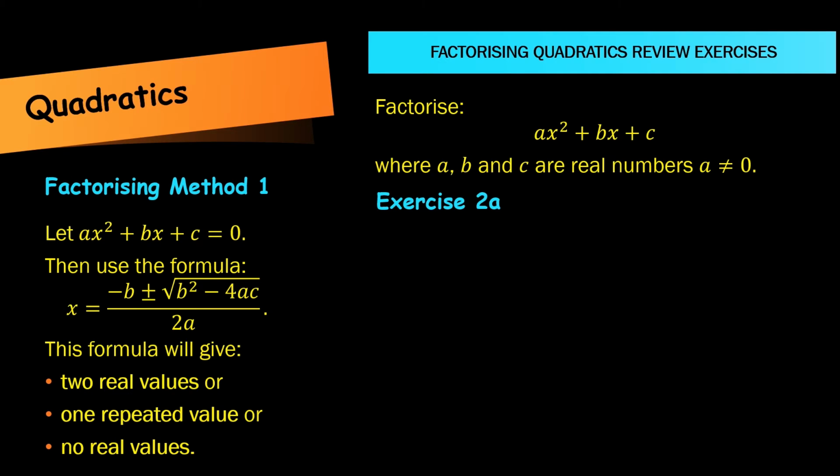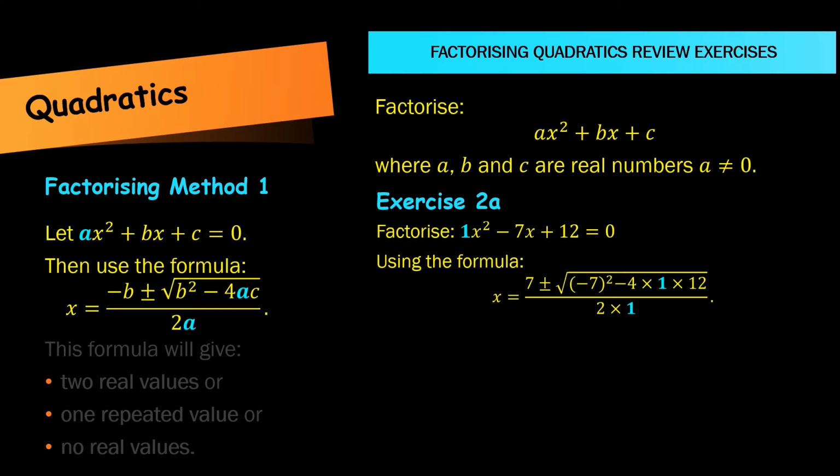So let's have a go at exercise 2a to illustrate this. We're going to factorise x squared minus 7x plus 12. So let's put this equal to 0 first. Then factorise using the formula. We insert a equals 1 here, b equals minus 7 here, and c here.